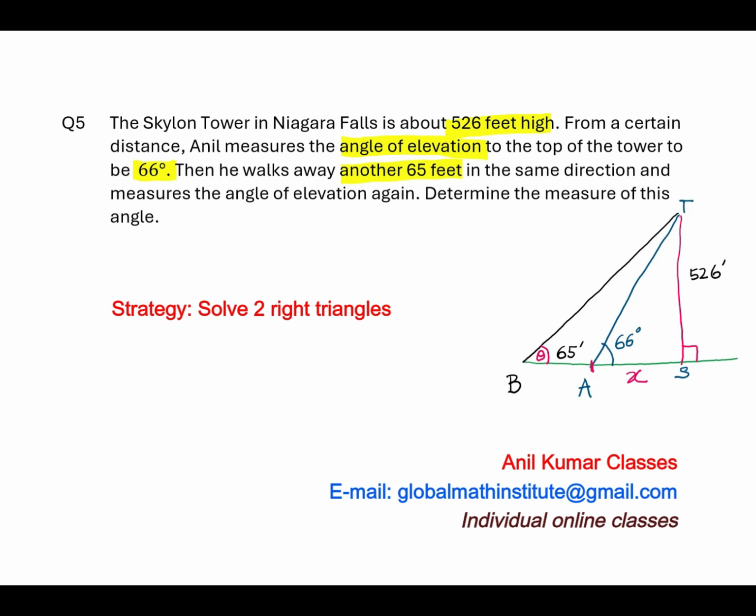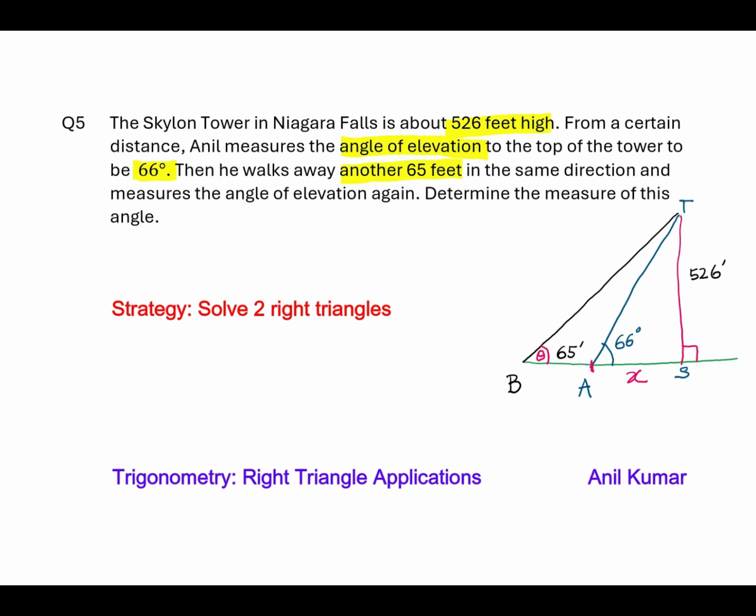Once we know x, then we also know the distance from B to S, and so that will be this distance, which is x plus 65. And then we are going to solve the second right angle triangle BST. Perfect.